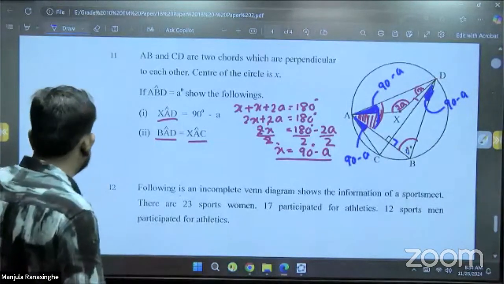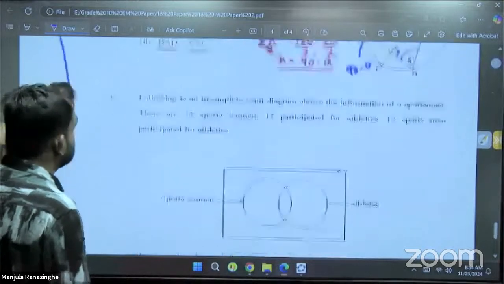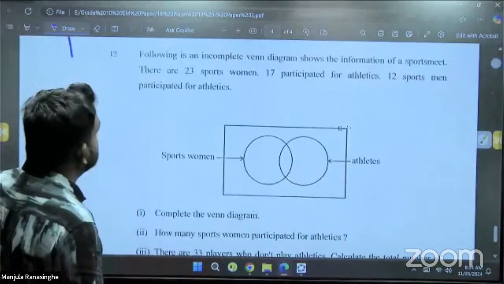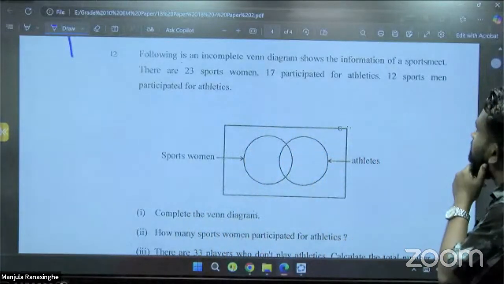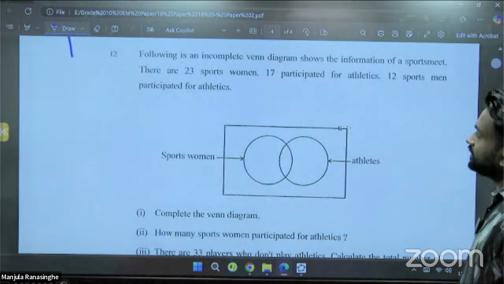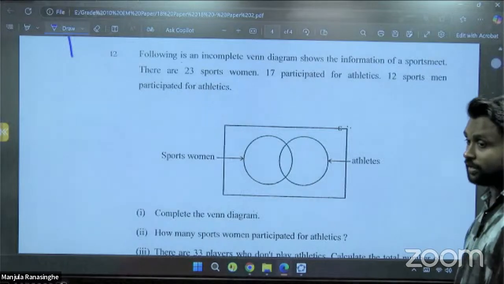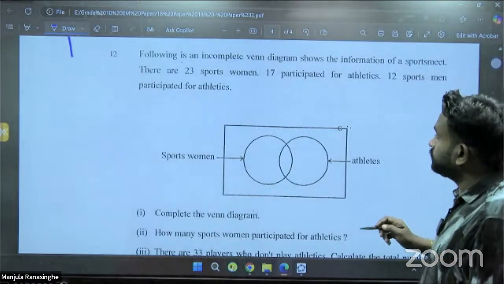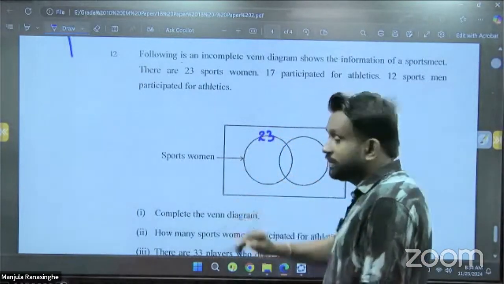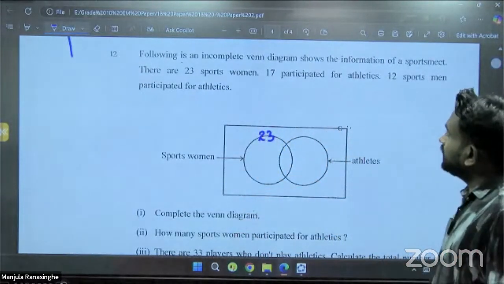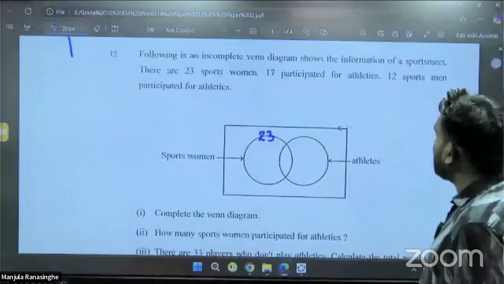Right, now we move to the last question there. See there, I marked in the Venn diagram. Following is an incomplete Venn diagram that shows the information of a sports meet. There are 23 sportswomen, right? 23 sportswomen. So under the sportswoman, you write on the top 23. 17 participated in athletics.